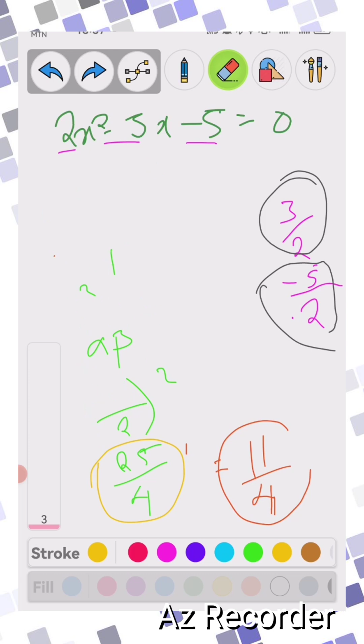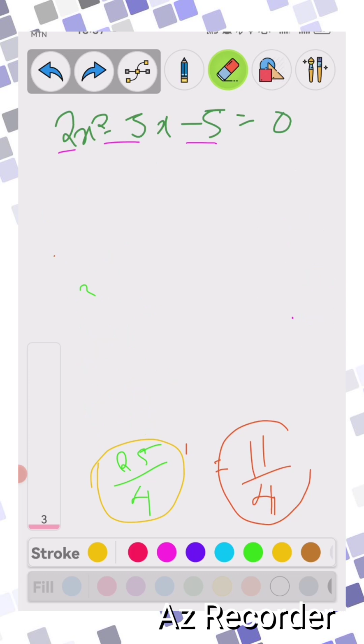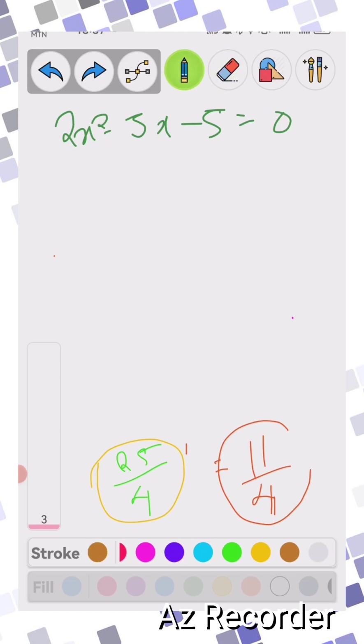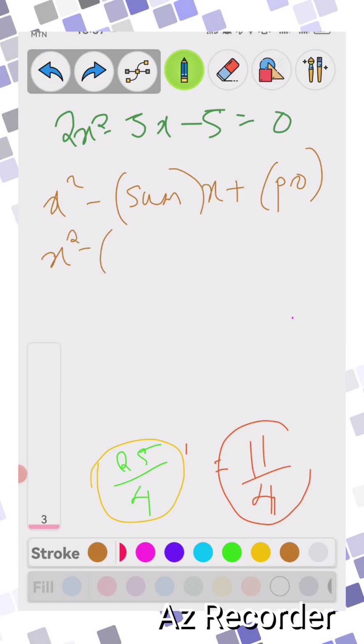So I now have positive 25 over 4, and then I also have the sum. I can wrap everything there, because I've already used them to my satisfaction. And then I can say, all right, my general expression for all quadratic equations should be x squared minus the sum of my roots times x, plus the product of my roots. So I'm going to say x squared minus, what's the sum of my roots? It was 11 over 4. What's the product of my roots? The product of my roots was 25 over 4.